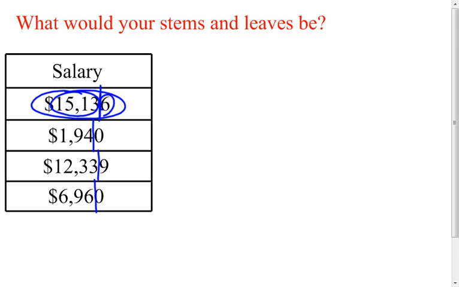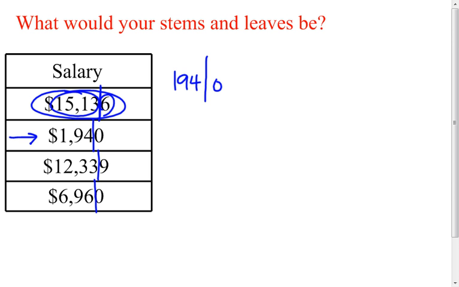Now, remember stem and leaf plots need to go in order from smallest to largest. So my smallest stem, which would be this piece of data right here, would have a stem of 194, sorry, and it would have a leaf of 0.